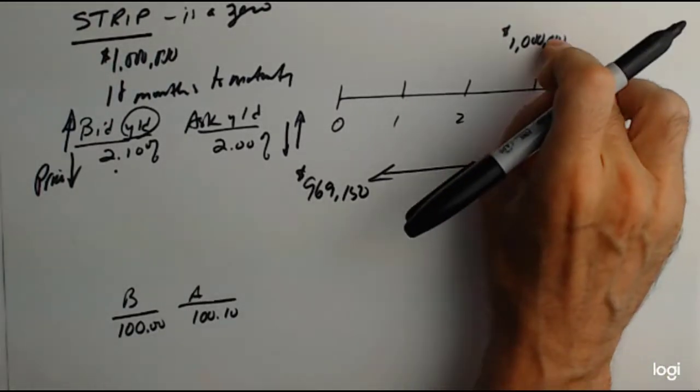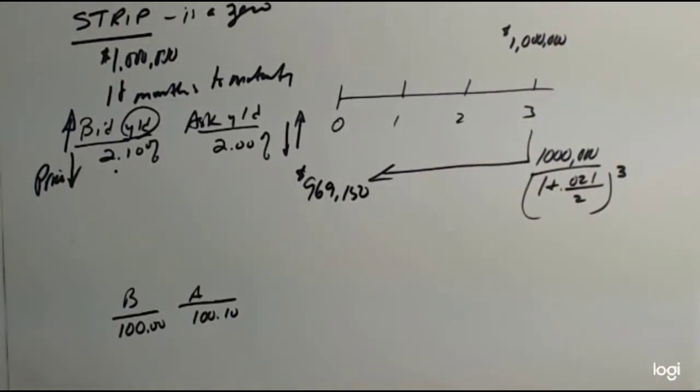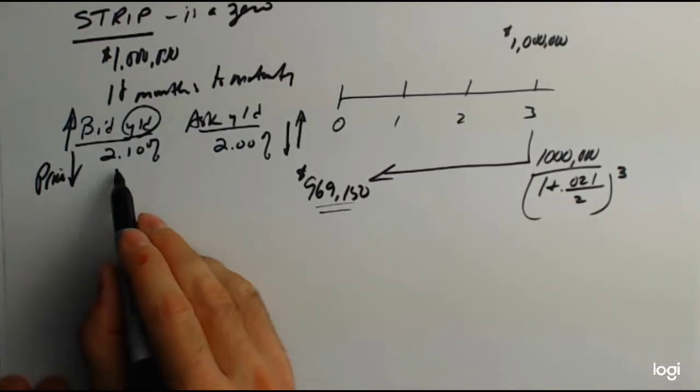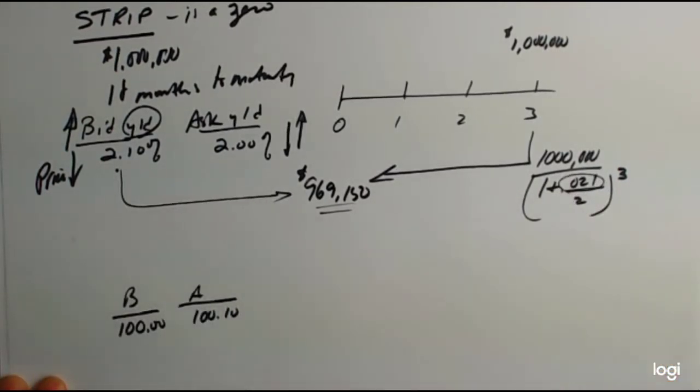When this strip matures, it'll generate a cash flow of $1 million. So that's worth $969,150, and that's based off of this 2.1% yield.